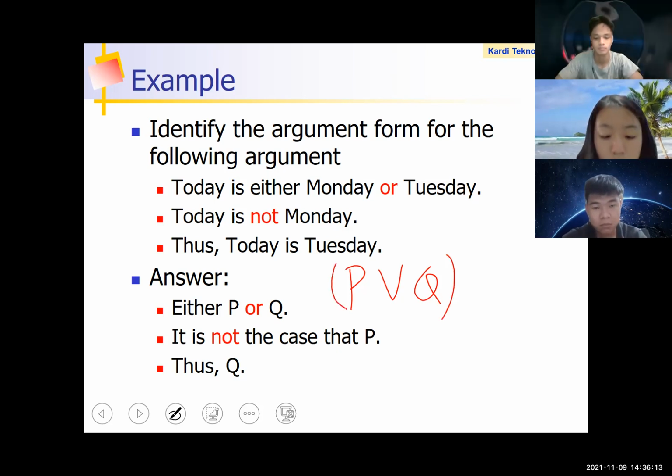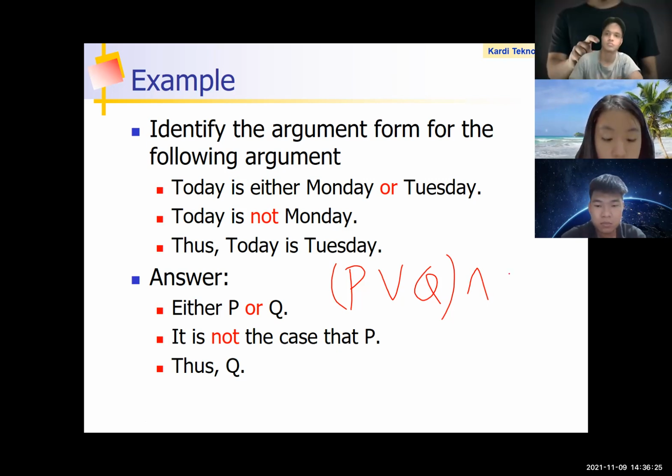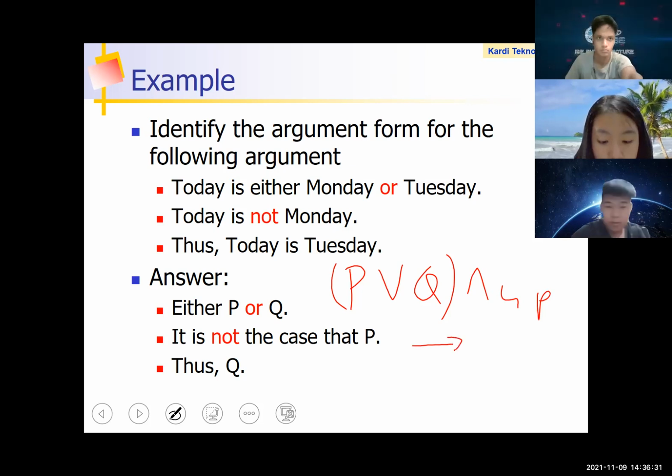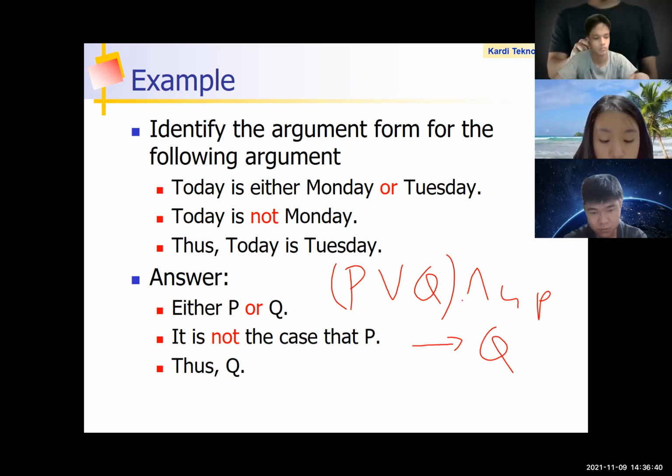And then you can put either a comma or you can put and, then not P, then Q. When you put it into formula, you will put it this way. So this is the example.